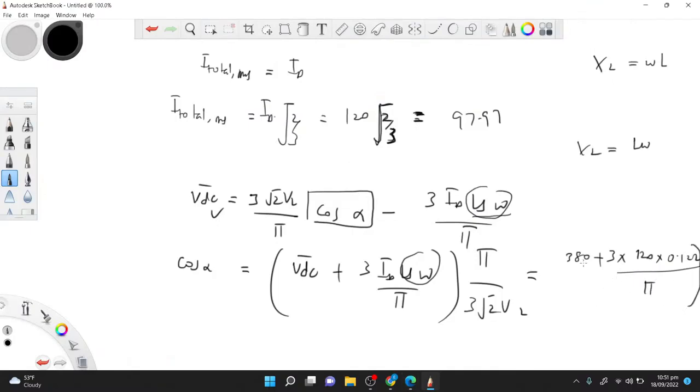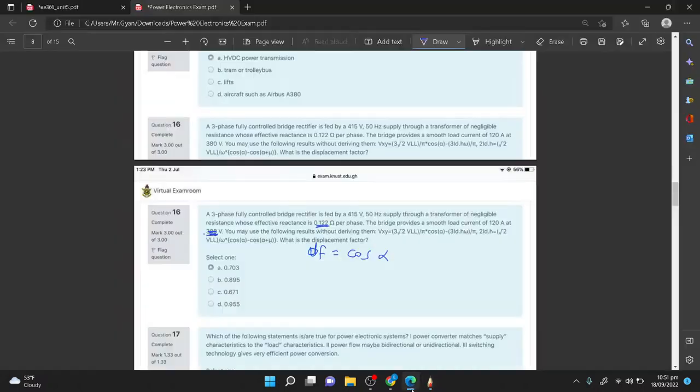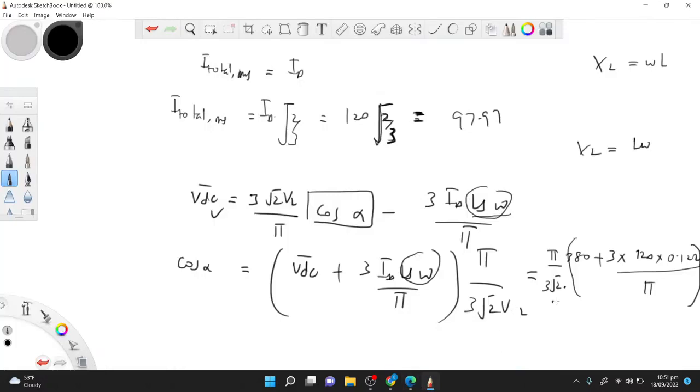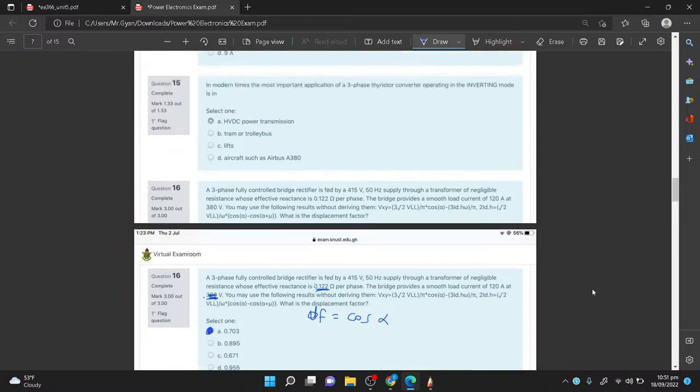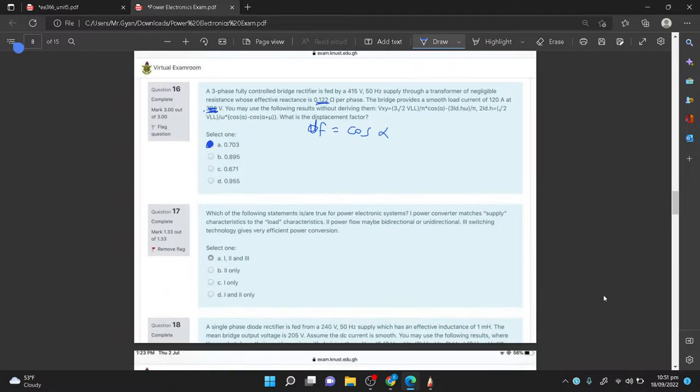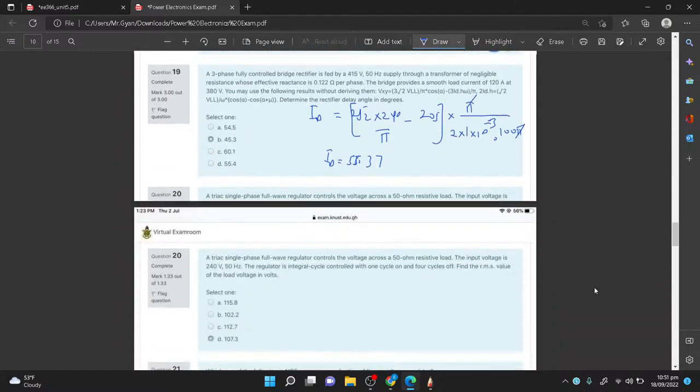Then you multiply this answer by pi over 3 root 2 times the line voltage, which is 415. Doing that, you get 0.703 for the three-phase fully controlled bridge.